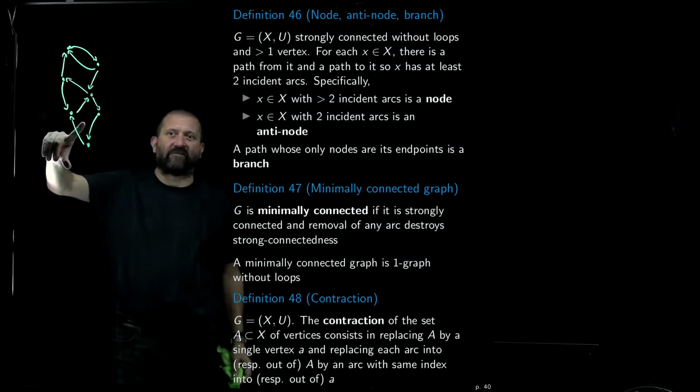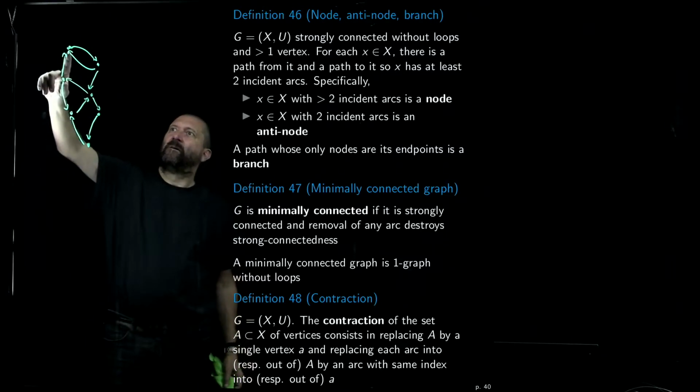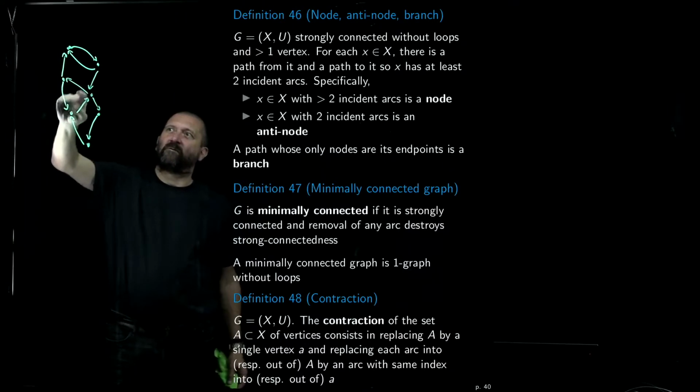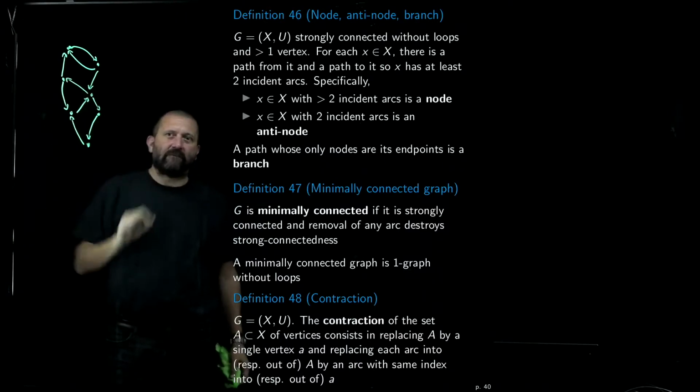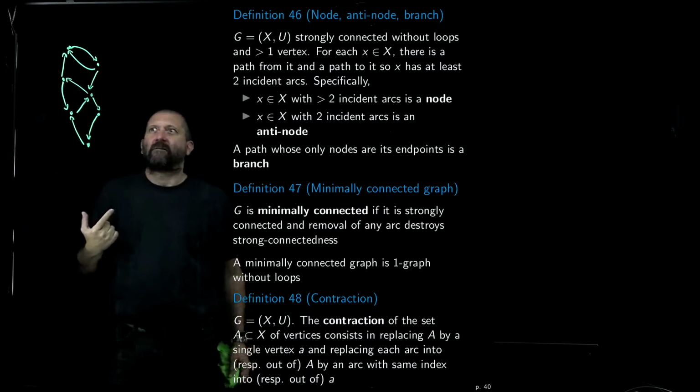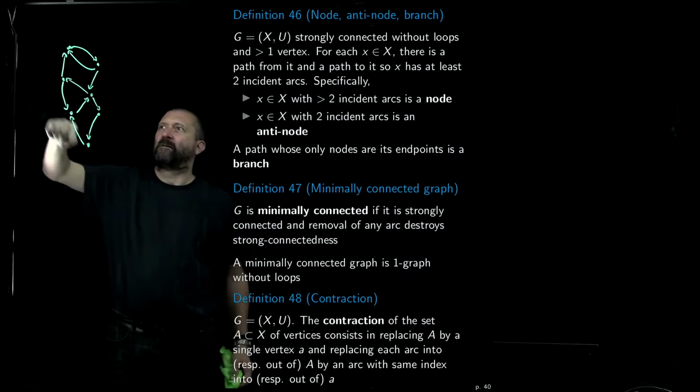But if I remove that one, there's at least one of them that I can remove. Yes, for instance, if I remove this arc here, I am not changing the strong connectivity of that graph. I can still move my way around.